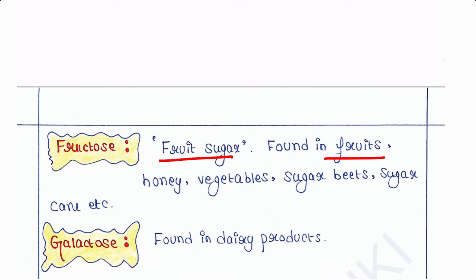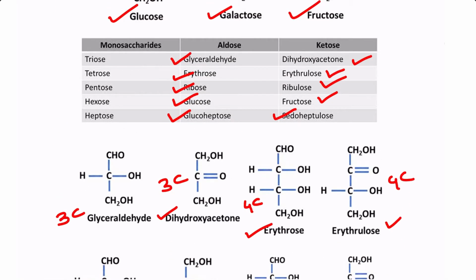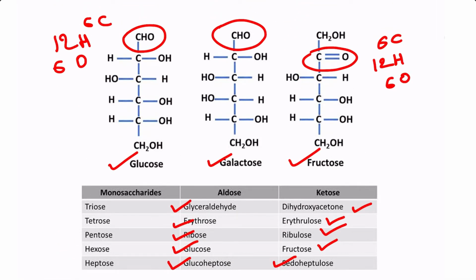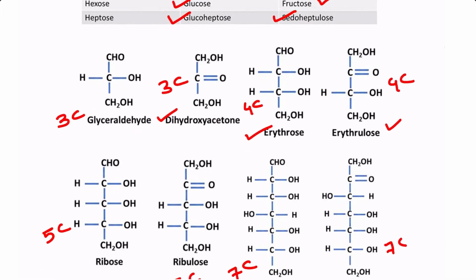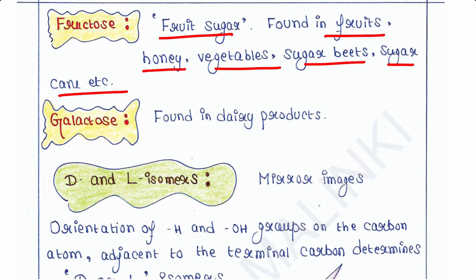It also occurs naturally in other plant foods such as honey, vegetables, sugar beets, sugarcane, etc. Galactose also contains 6 carbon atoms, 12 hydrogen atoms and 6 oxygen atoms. It is found in dairy products.